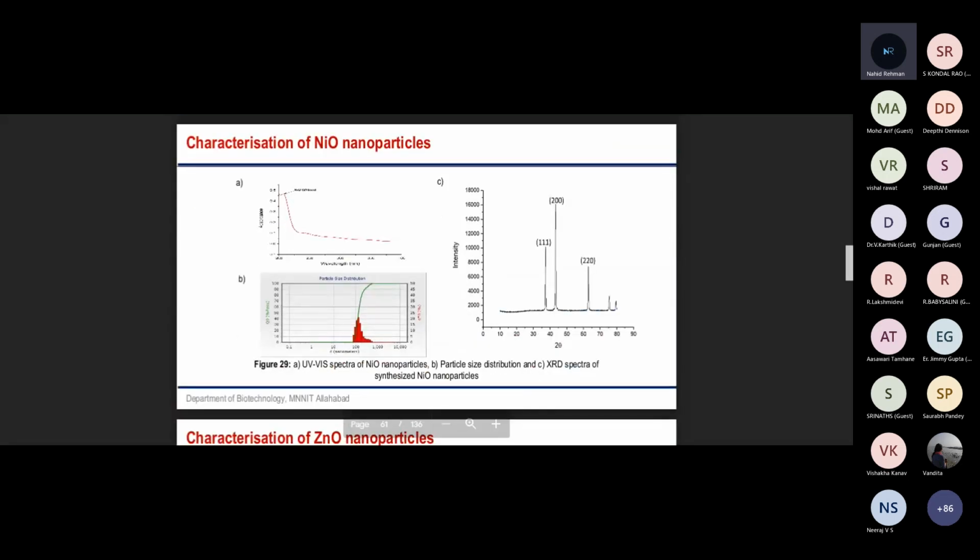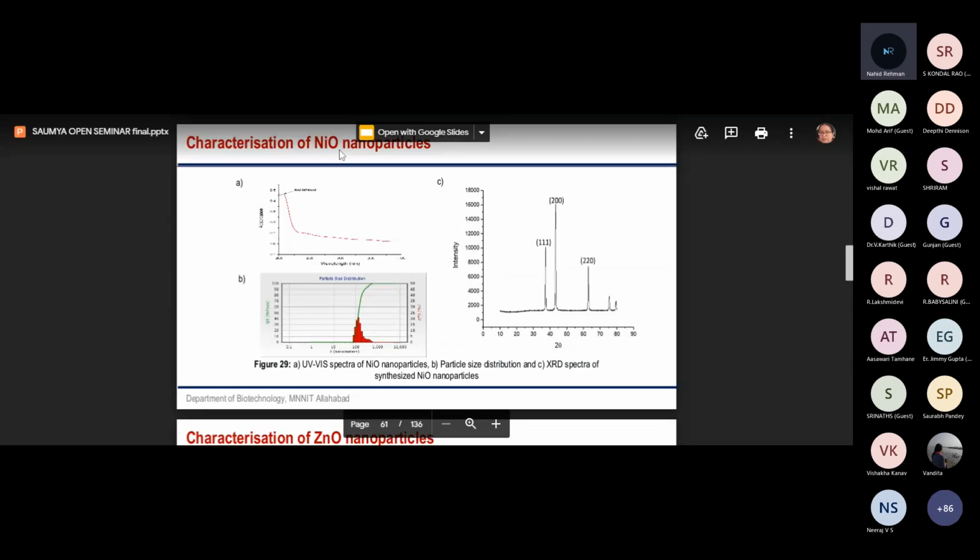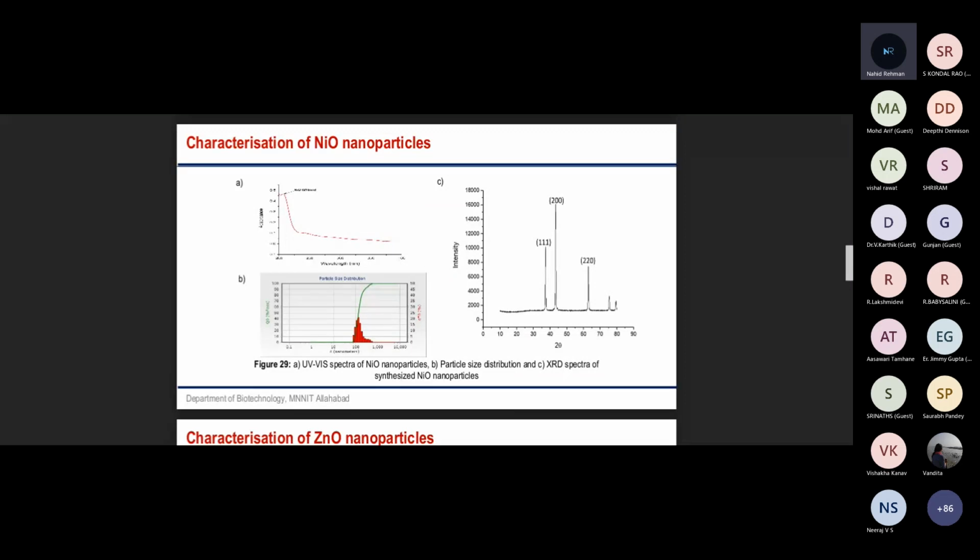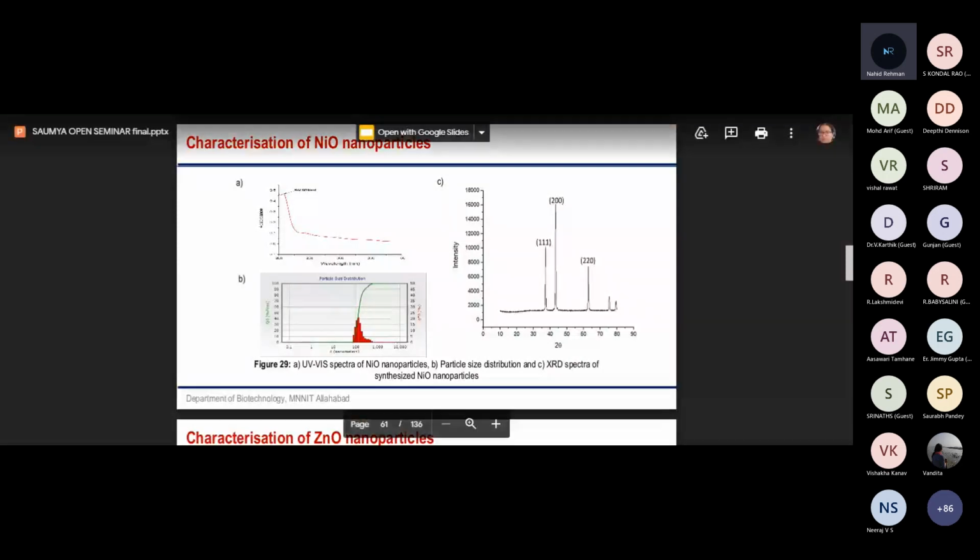Suppose you wanted to go for nickel oxide nanoparticle synthesis, then XRD shows you the HKL values, 111, 200. These are the specific phases of your nickel oxide nanoparticle, which are compared with the literature to confirm that yes, nickel oxide nanoparticles are formed. And the UV visible spectra gives you the peak over here.